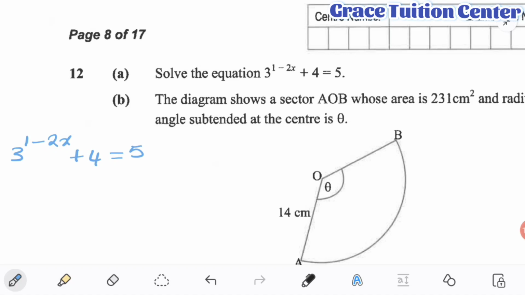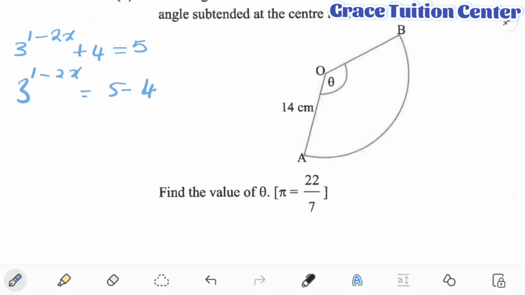So to solve this equation, we need to do a few things. The first one, we have to move this 4 to the other side. That's called grouping the like terms. So we're going to have 3 to the power 1 minus 2x is equal to 5 minus 4.